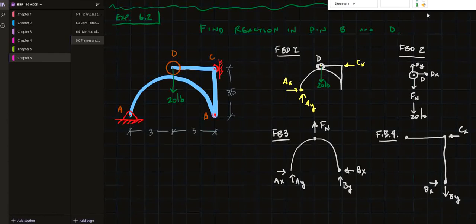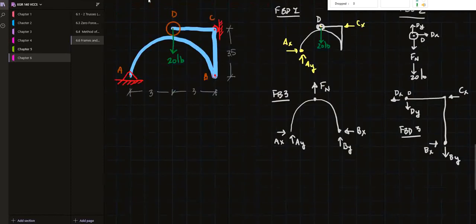As we connect this, this connects to D here. So it's not connected to Fn, but it connects to D. So I need a DX in this direction, and I need a DY pointing down in this direction. And that's it on this guy.